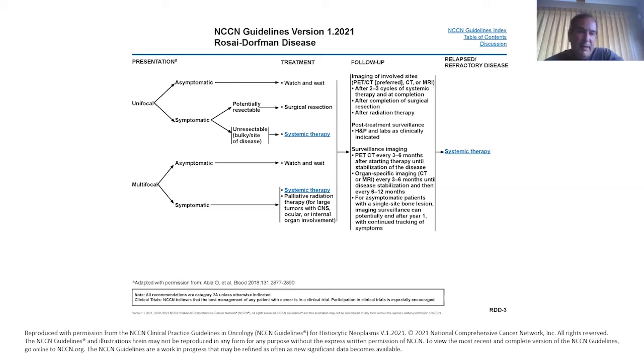If patients have symptomatic unifocal disease that's not amenable to resection, or symptomatic multifocal disease, then systemic therapy would be considered, or in some cases, palliative radiation, particularly for CNS tumors or ocular or periocular involvement. And the follow-up imaging guidelines for RDD, again, as Ron mentioned for LCH and I mentioned for ECD, are not really evidence-based. This is expert consensus, and therefore are quite similar to the recommendations in the previous two conditions. Next slide, please.